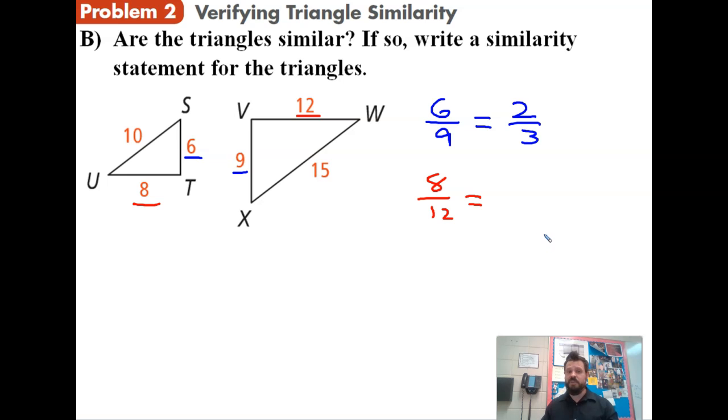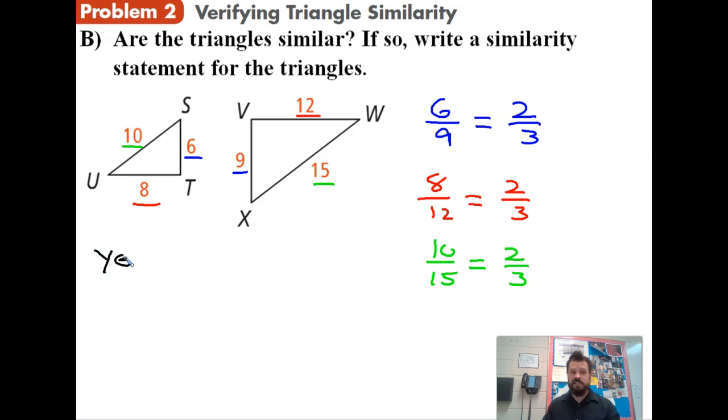Both 8 and 12 are divisible by 4. That'll reduce to 2/3 as well. And same thing with the last set of sides, the 10 and the 15. Both 10 and 15 are divisible by 5, so if I divide, I'll get 2/3 also. So I've just shown that all three sets of sides are proportional.